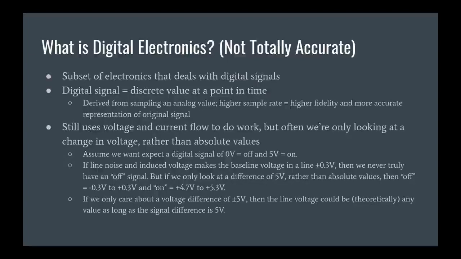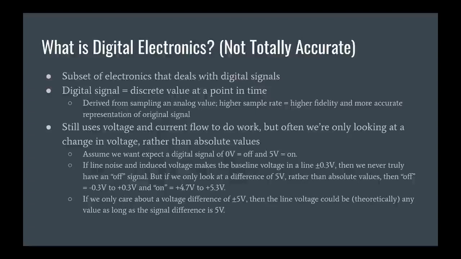Based off of that line noise and stuff like that, we may see a difference of, in this case, 0.3 volts. If that's the case, you may have an off value that's anywhere from negative 0.3 volts to positive 0.3 volts, but not necessarily 0 all the time. And your on voltage may vary between 4.7 volts all the way up to 5.3 volts. So obviously if you're expecting 5 volts, but you're only getting 4.7, it's not going to say that it's on. It's still off.